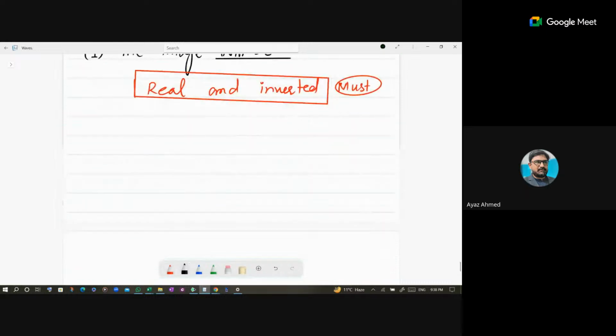But the second set is that I can write in this way, that the virtual image will be upright.